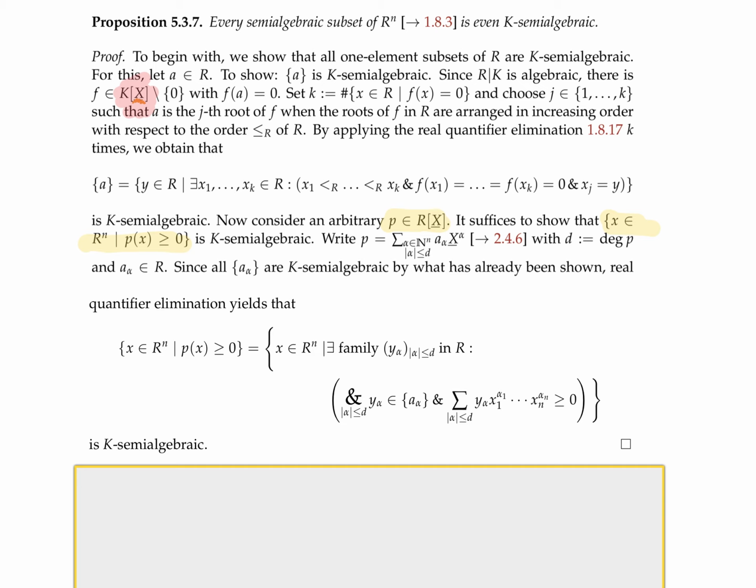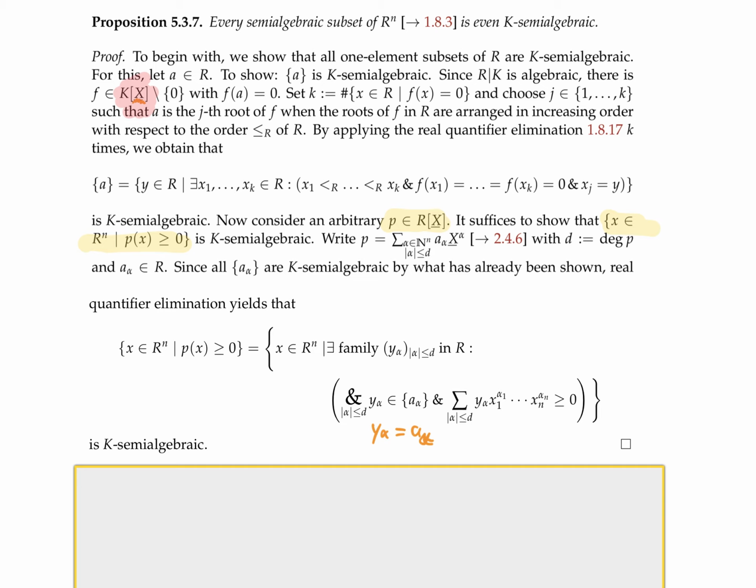Okay. I mean, the reason why I did not just write y alpha equals a alpha is that when you want to write down a polynomial inequality, the corresponding polynomial would have coefficients which are not in k.